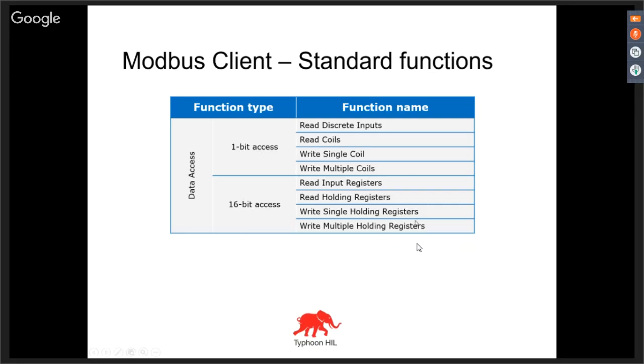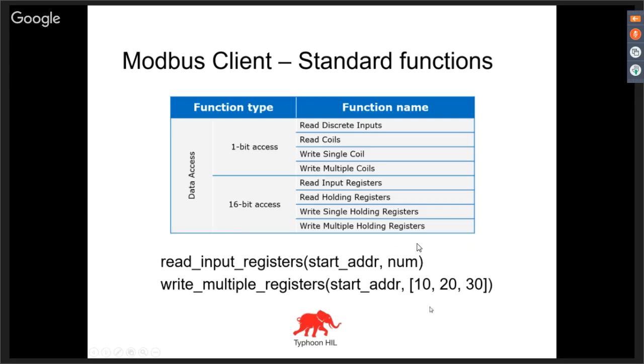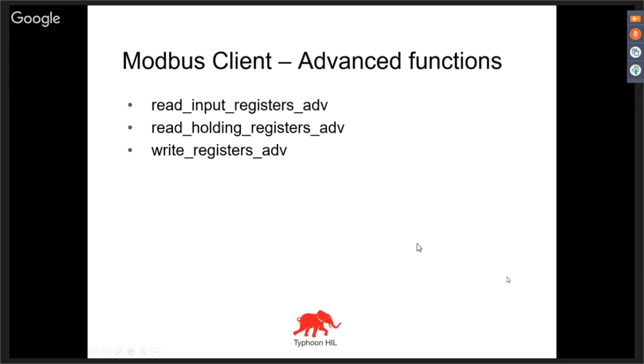Again, 1-bit and 16-bit access. An example for this is reading the registers, where you specify the starting address and the number of registers you want to read. And for write multiple registers, you again specify the start address and the list of values that you want to write.